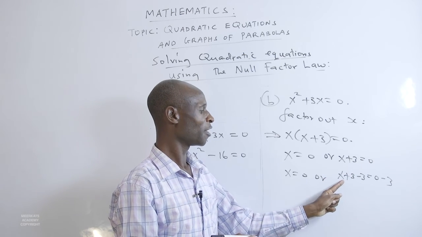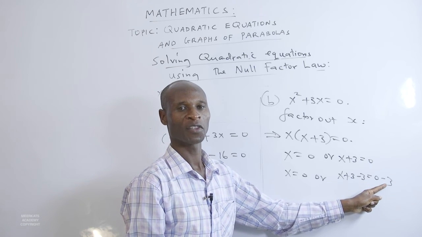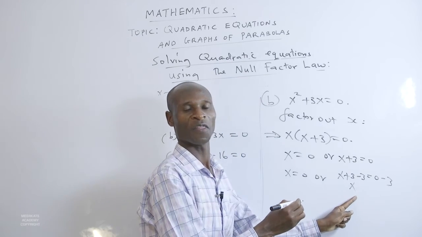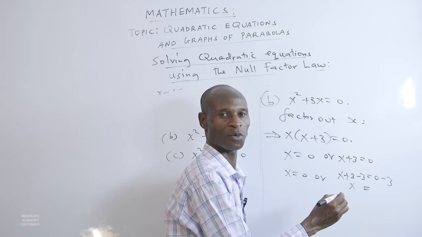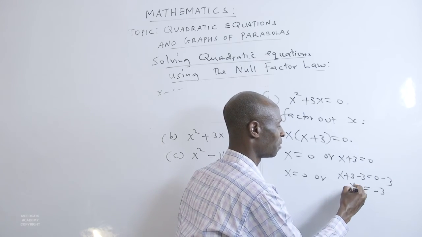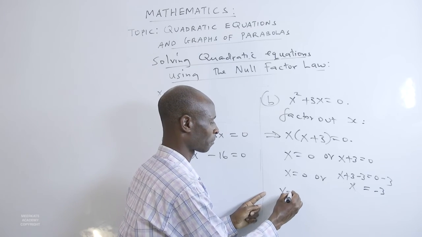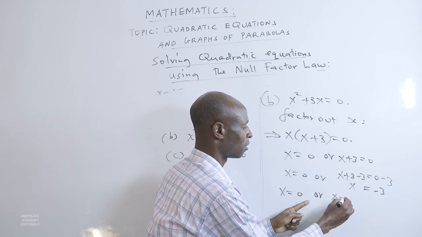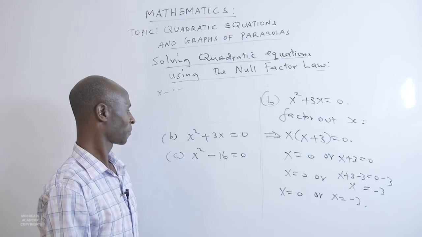So we shall have x plus 3 minus 3 equal to 0 minus 3. So finally we shall have x on the left-hand side, 0 minus 3 on the right-hand side, we shall remain with minus 3. And therefore the solutions are x is equal to 0 or x is equal to minus 3.